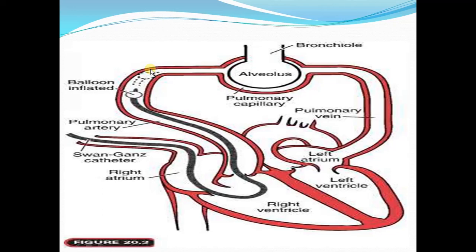Now pulmonary wedge pressure is reflective of the left atrial pressure, because beyond this wedge point, the pulmonary capillaries and the pulmonary veins make a direct connection with the left atrium. So the pressure measured at the point of wedging is reflective of left atrial pressure.